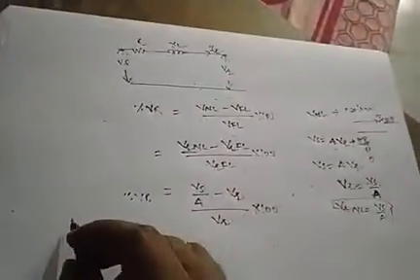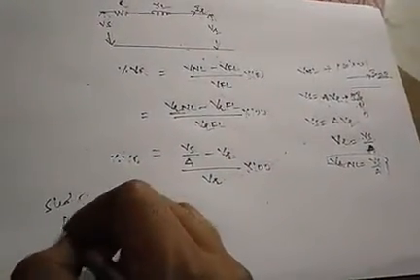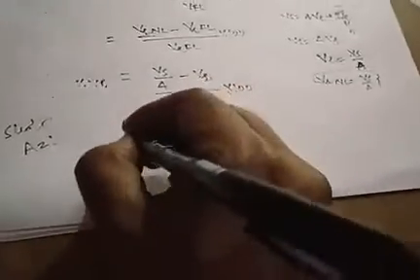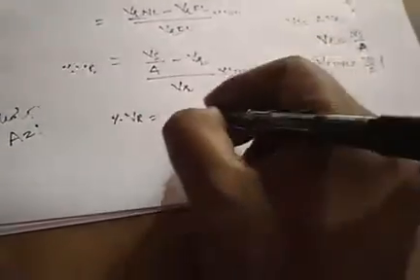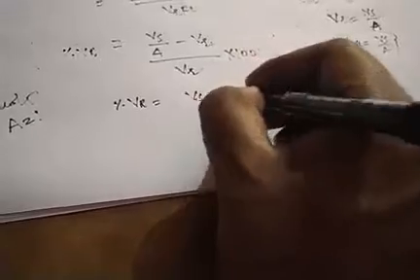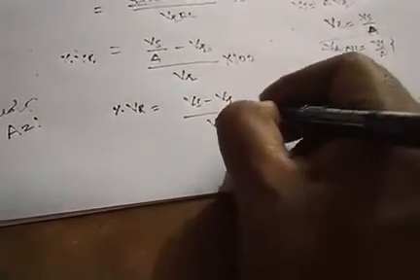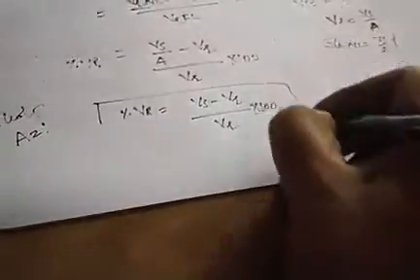So this is the percentage voltage regulation. For a short transmission line, what is the value of A? A is equal to 1. Therefore percentage voltage regulation is equal to Vs minus VR by VR into 100. So this is the formula.